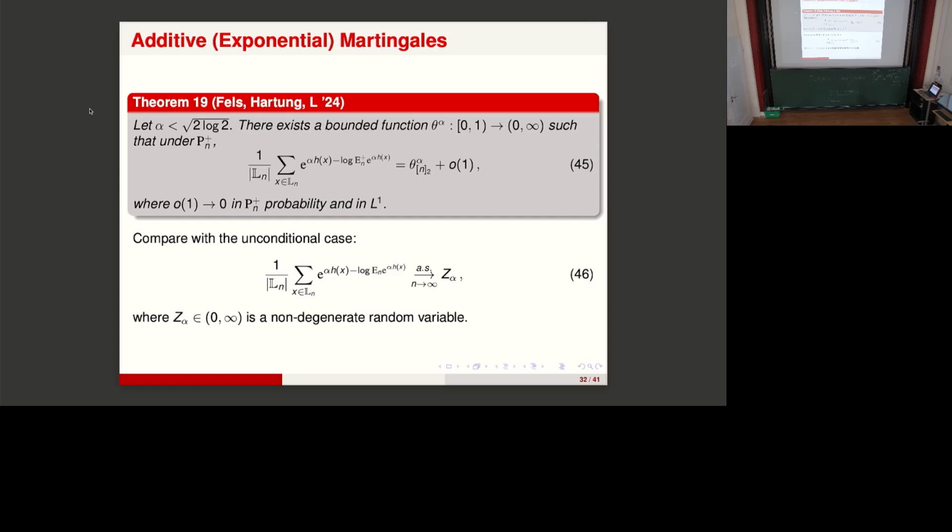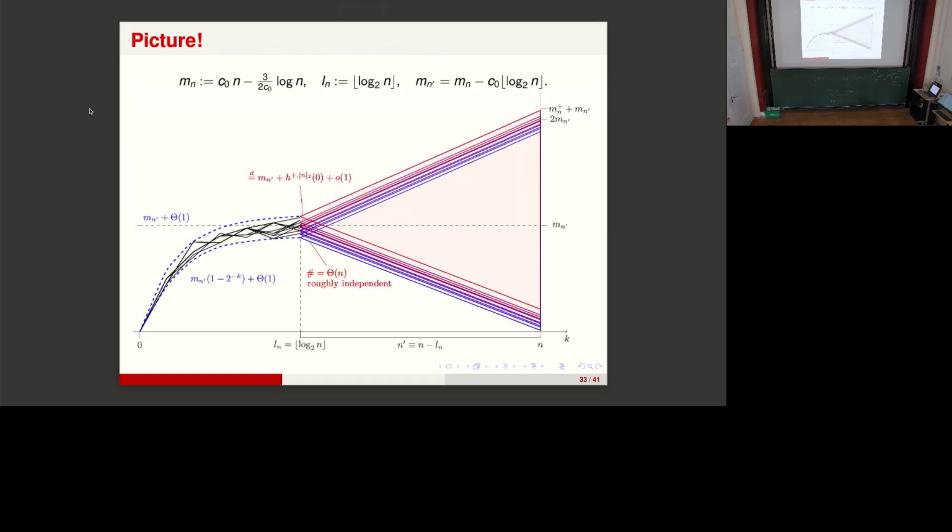Here you subtract the new mean. The analog in the case of the conditional walk converges to a constant. So you lose a lot of the randomness from the beginning, and if I have time, I'll explain this. Or if you ask me a question, I'll explain this.